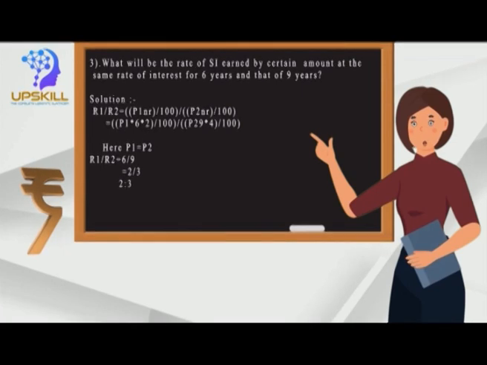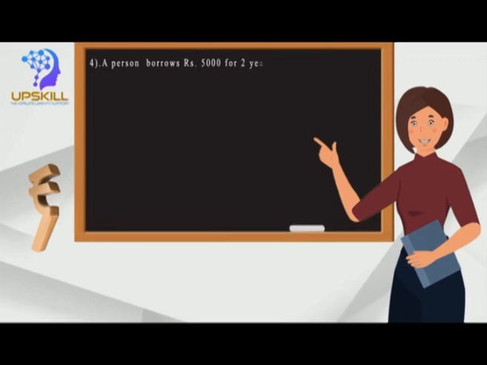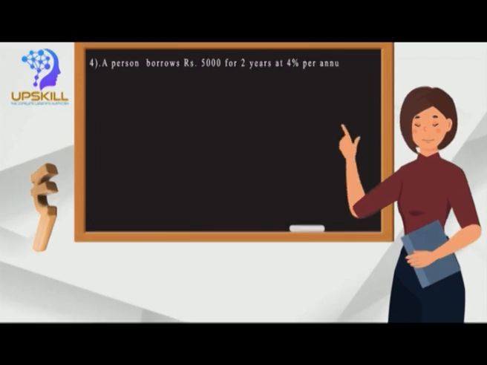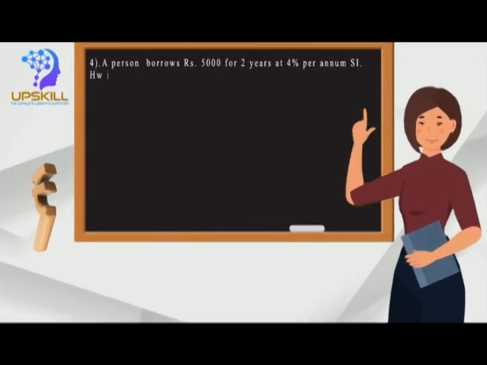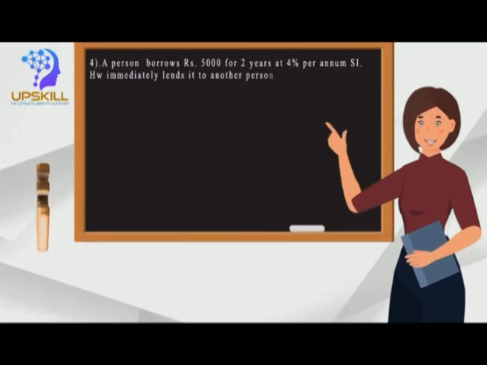Now the fourth question. A person borrows rupees 5,000 for 2 years at 4% per annum simple interest. He immediately lends it to another person at 6 1/4% per annum for 2 years. Find his gain in the transaction per year. So let's find his gain first. Gain can be found by finding the simple interest from the person he immediately lent to minus the initial simple interest he paid.